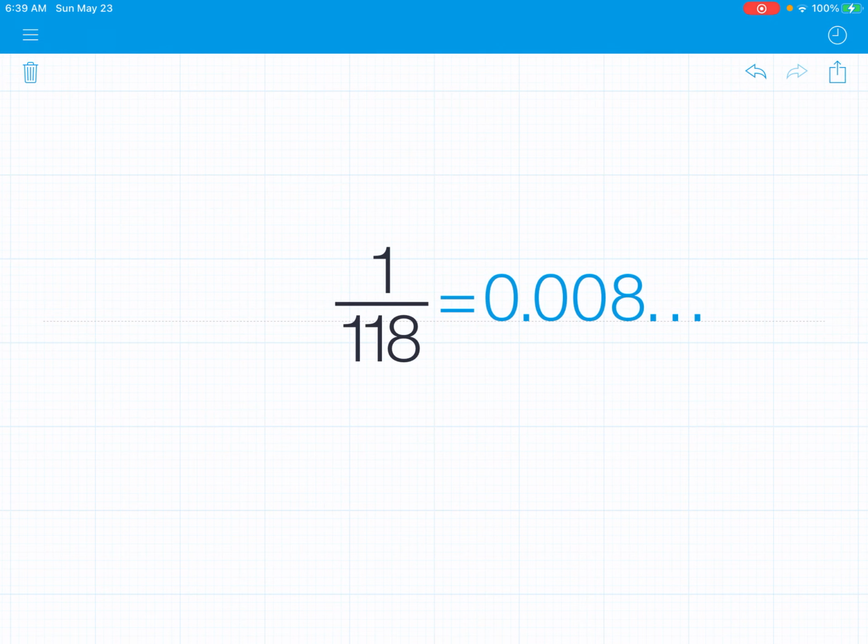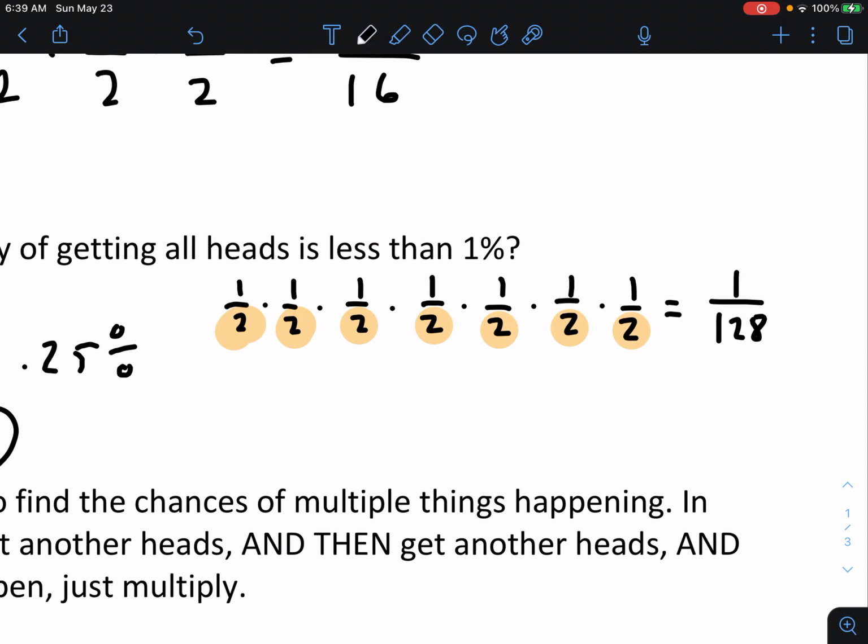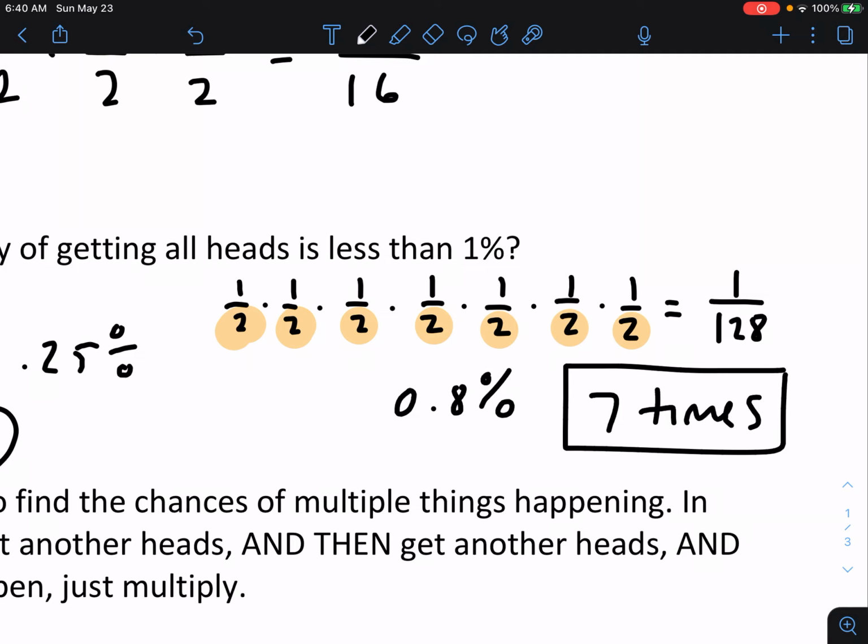So that's 0.008, and if you remember with converting fractions to decimals and then percents, we move that decimal place 2 places to the right, so it becomes 0.8%, which is less than 1%. So I know that I can flip it 7 times and be able to get less than 1%.